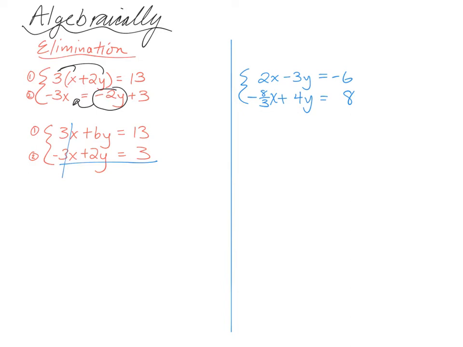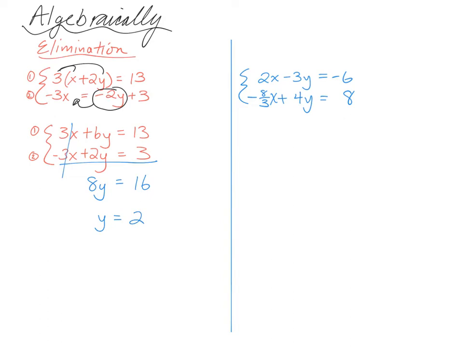The 3x and the negative 3x will reduce away, and that leaves us with 6y plus 2y, which gives us an 8y, and 3 plus 13 is 16. Now this is a pretty easy solve. We can just say y equals 2.